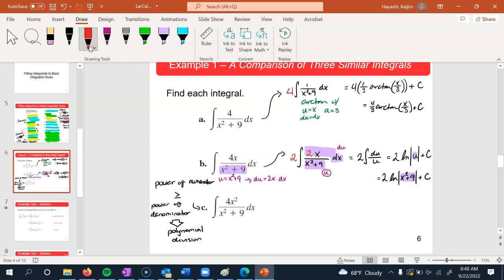Okay. Now, you don't have to write this next part that I'm going to do down because I'm just going to erase it later.